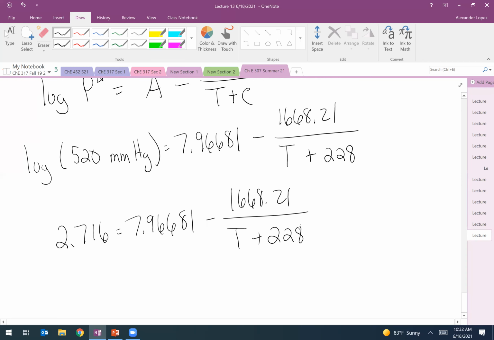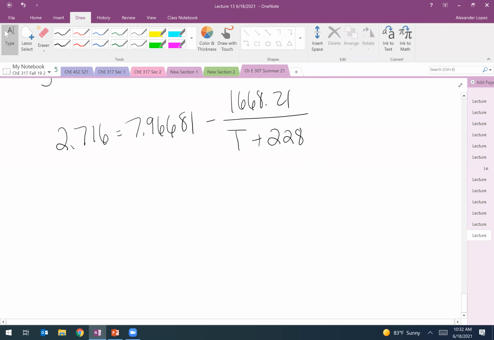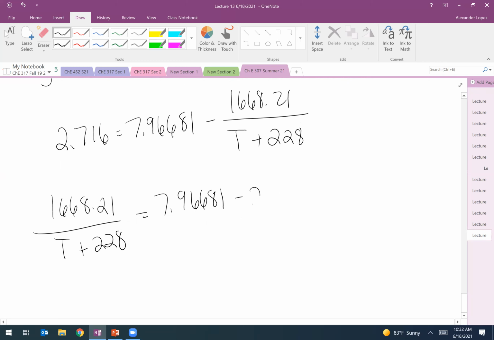So if I add the BC term and then subtract what's on the other side, I can say 1668.21 over T plus 228 equals 7.96681 minus 2.716.